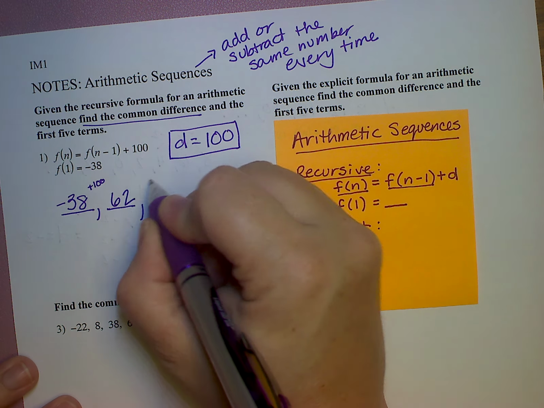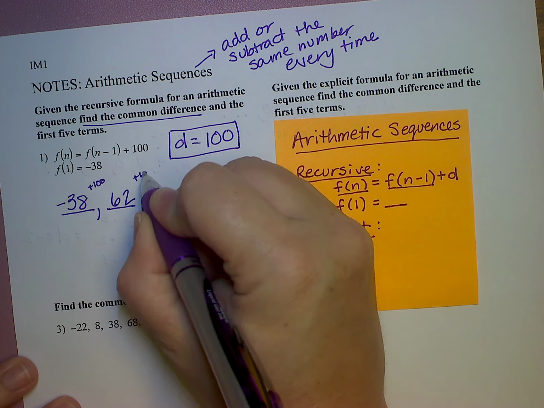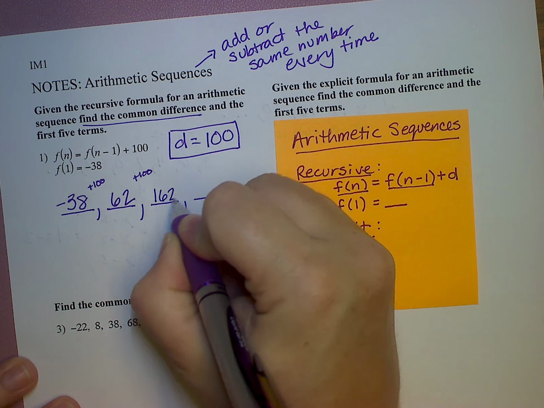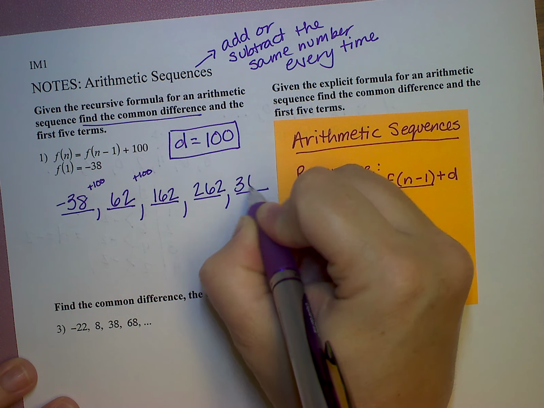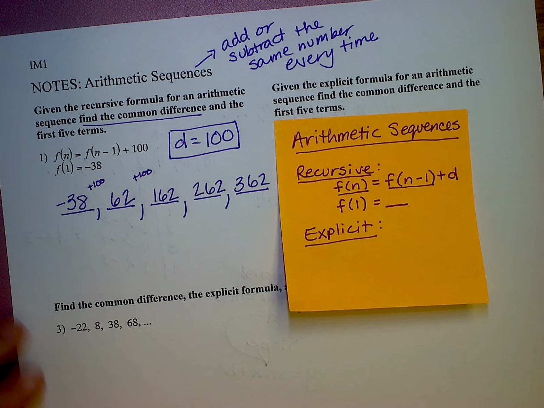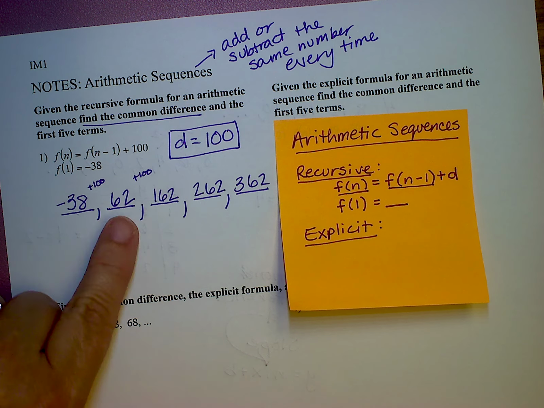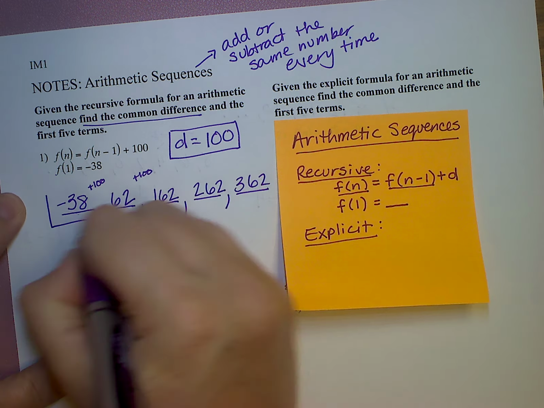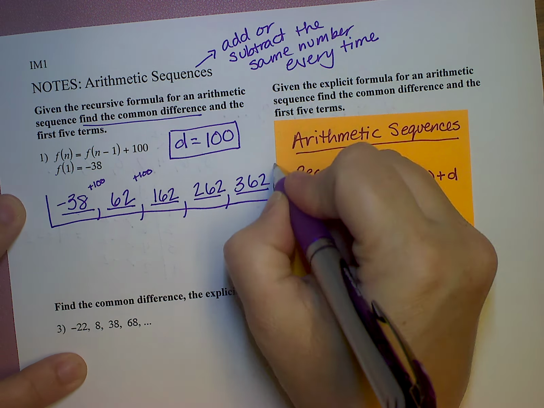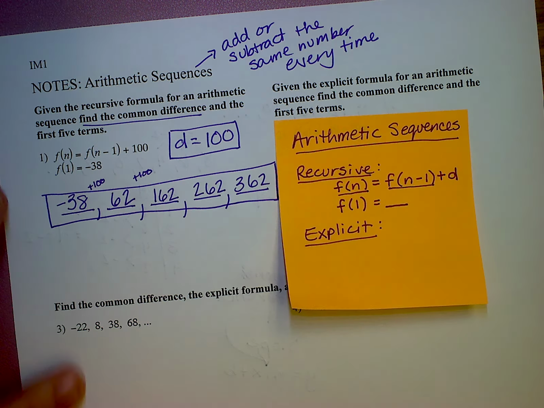So 62 plus 100, 162. And then what? 262 and 362. Because again, that common difference means you just add 100, add 100, add 100, add 100. So there is the first 5 terms of that sequence.